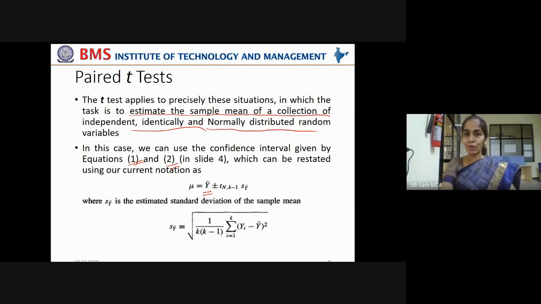Because delta follows the distribution as y, we are simply writing it as y bar plus or minus the critical value t calculated at n% confidence interval and k minus 1 degrees of freedom multiplied by s y bar, the standard deviation of this mean y bar, that can be taken to calculate mu.